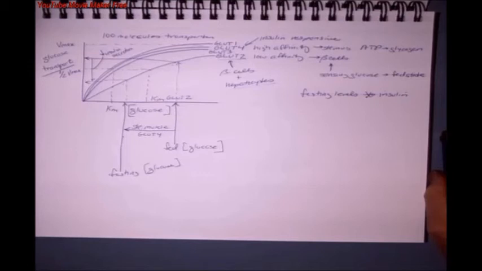What about GLUT2? Now, GLUT2 is considered a low affinity transporter, and this is on beta cells. Now, remember the function of beta cells. This is sensing glucose in a fed state.